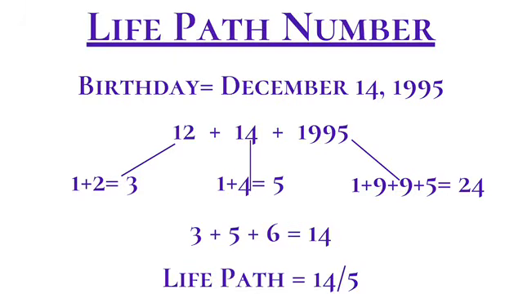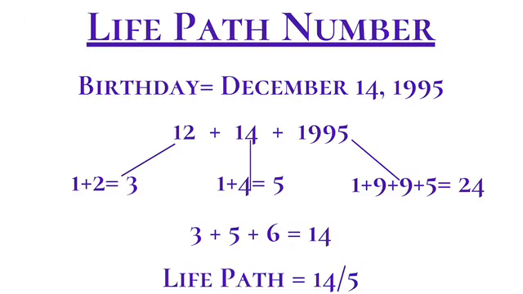Now, this person is a 14-5, and it's very important to take note of the 2 last numbers that we added together to get the life path number 5, because these 2 last digits are very, very key to the person's life path number.